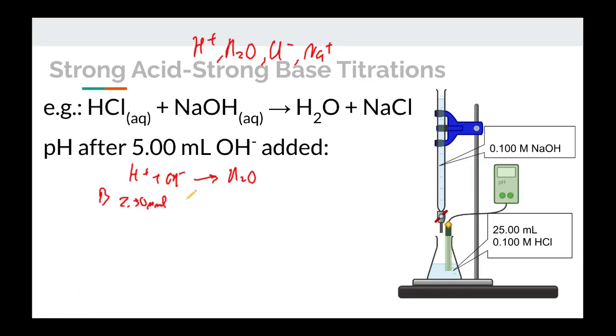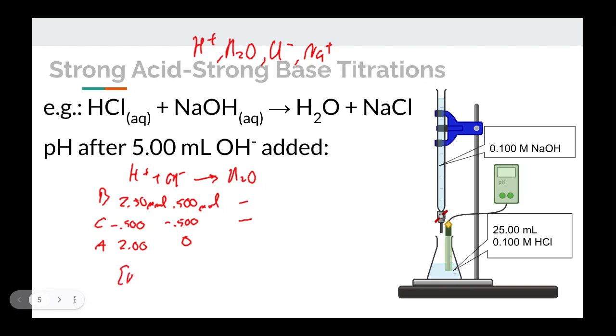OH minus, we've added 5 milliliters, and it's also 0.1 molar, so that means we have 0.5 millimoles of OH minus. Don't care about water. The change, OH minus is the limiting reactant, so we're going to lose 0.50 millimoles of each. Still don't care about water. Afterwards, we won't have any OH minus in solution, but we'll have now 2 millimoles of H plus.